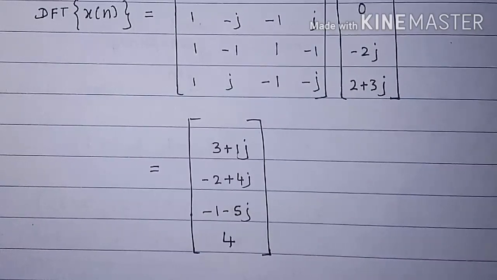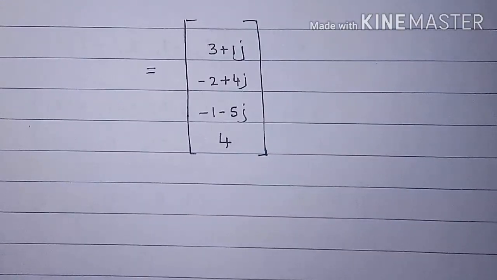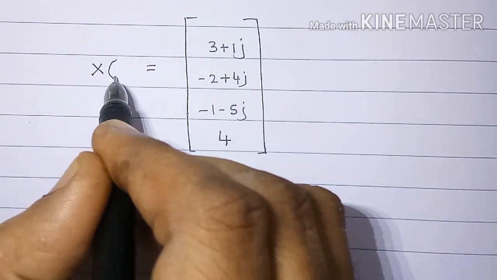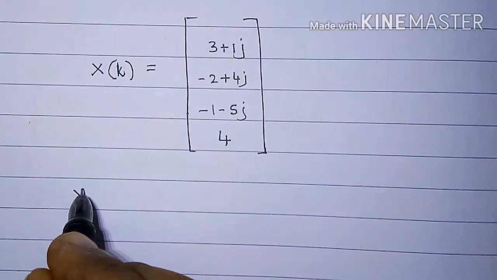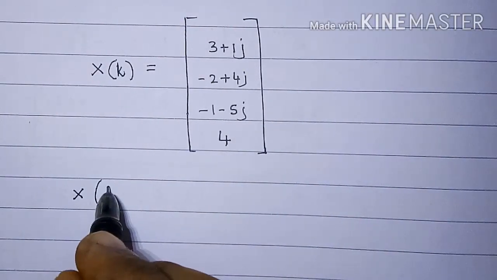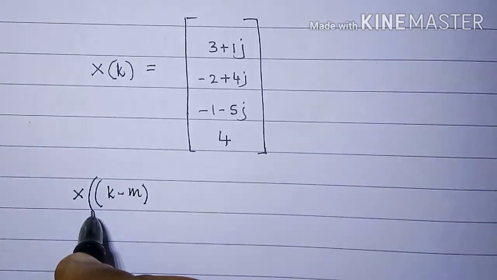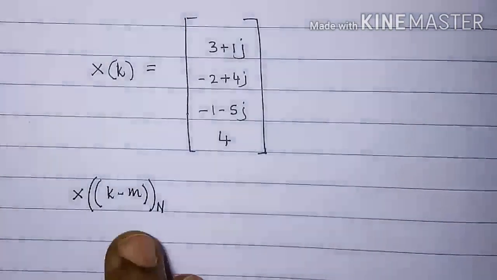After this DFT computation, we will calculate circularly shifted X of k by 2 units. DFT of x of n means what here? It is X of k for us. Now we will compute X of k minus m shifted circularly mod N. Here N is equal to 4.